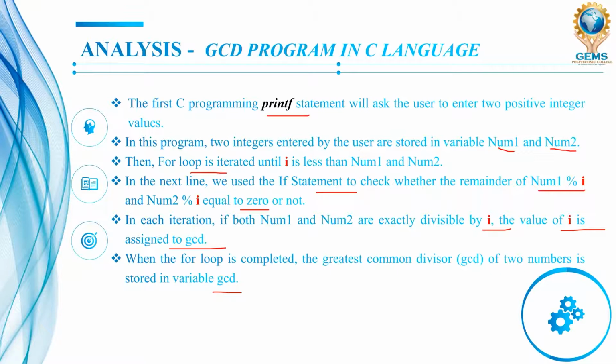By these 6 points, I tried to give a better picture of how our program works. I hope, my dear students, it is clear and makes it easier to understand how our code works for finding the GCD of two numbers in C programming language.